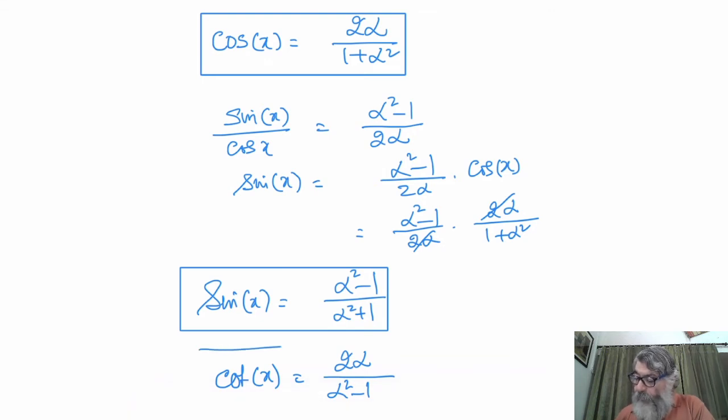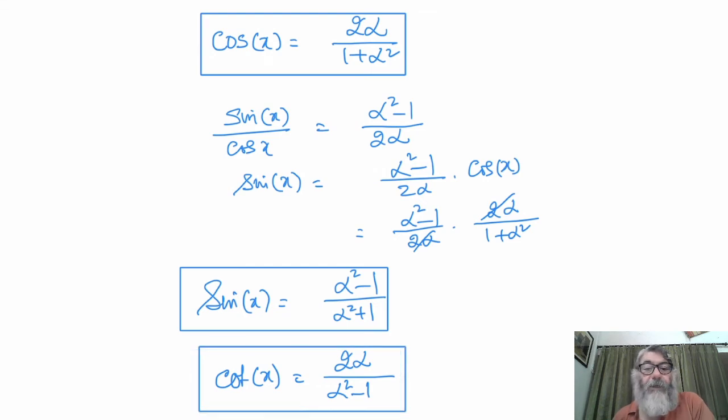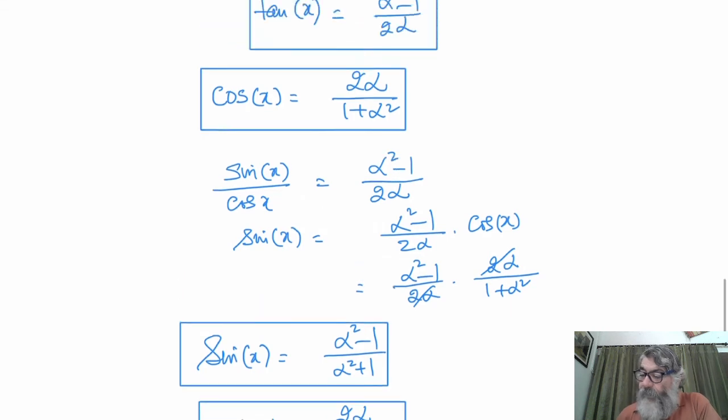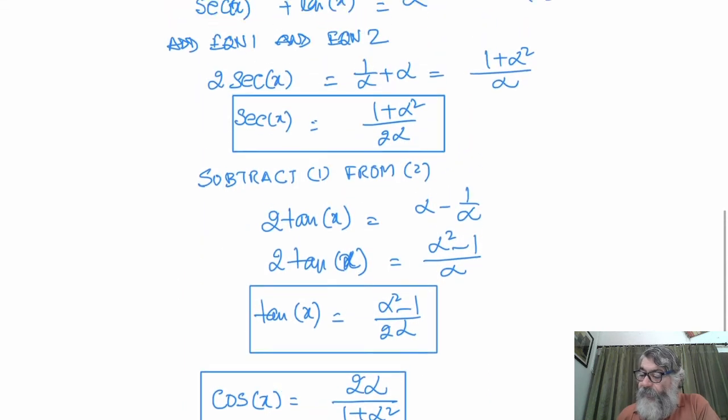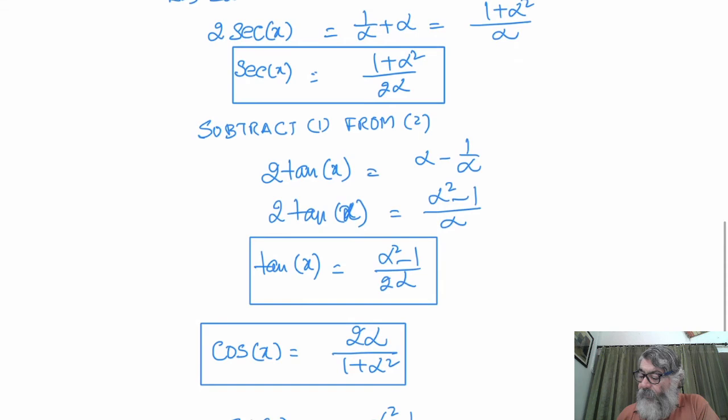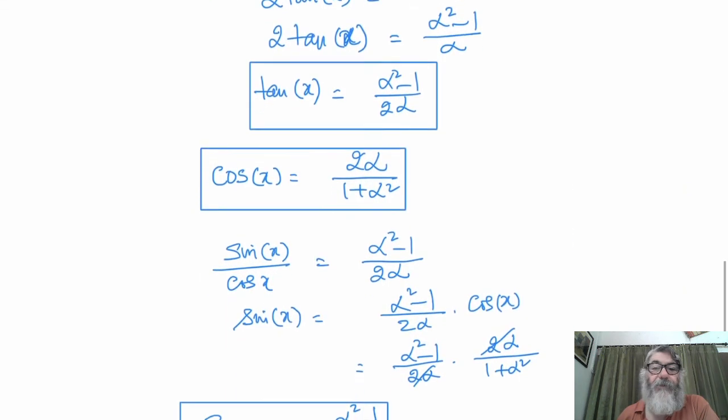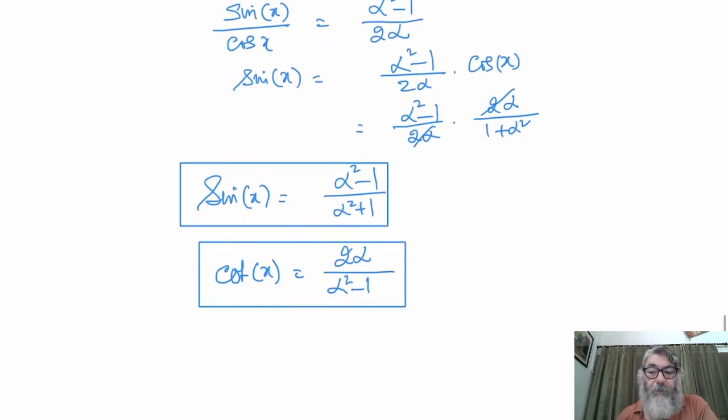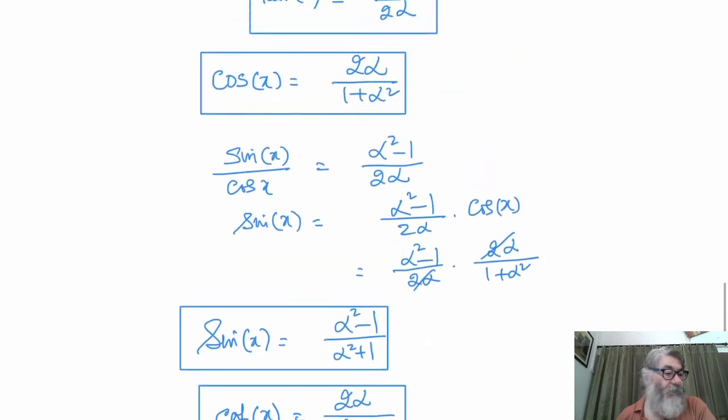Okay, we got the value of cot x also. We got the value of all the trigonometric ratios, sec x, tan x, cos x, sin x, cot x. So this was question number 2.